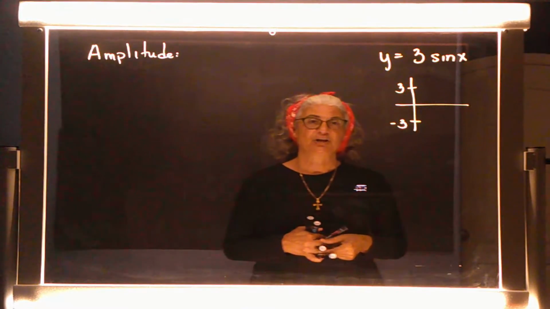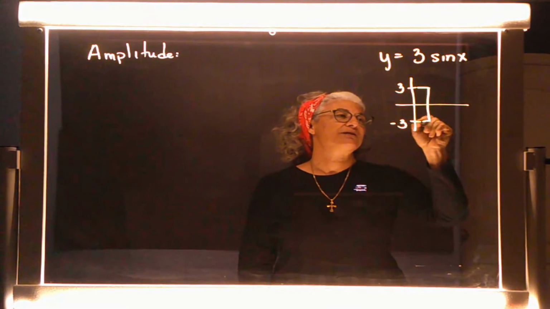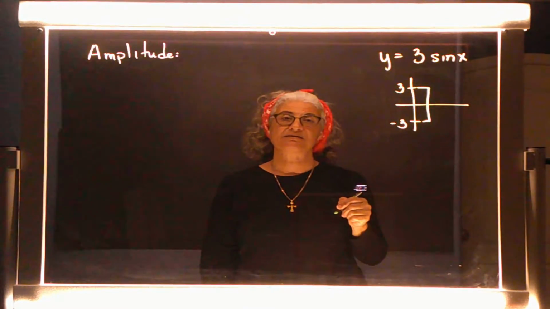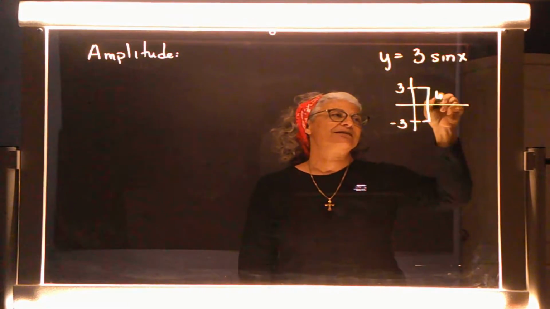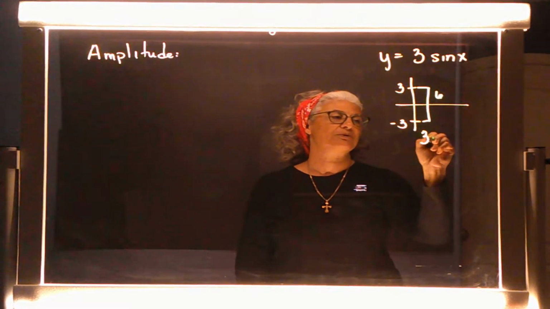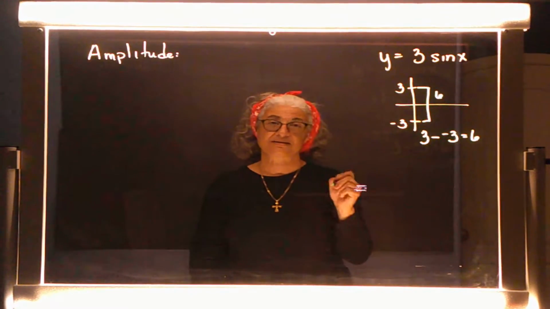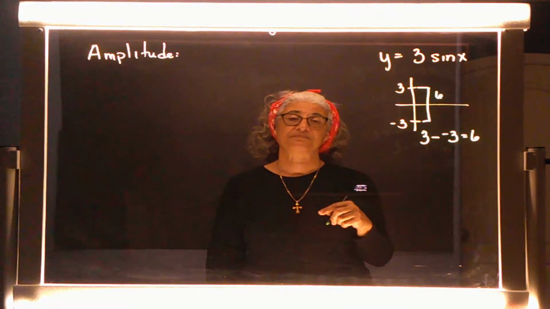Okay, so the distance between these two numbers is, good, 6. And the distance is found by taking the larger number minus the smaller number. That's how we got a distance of 6, correct?